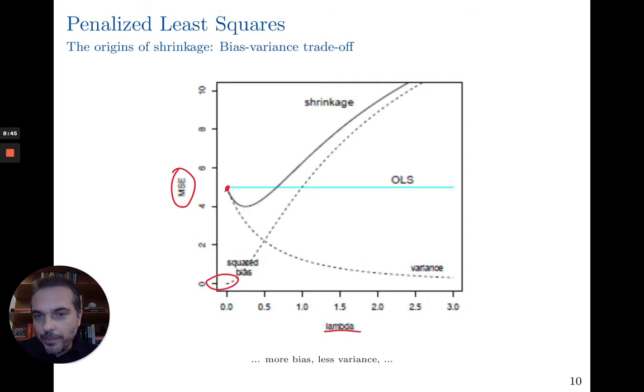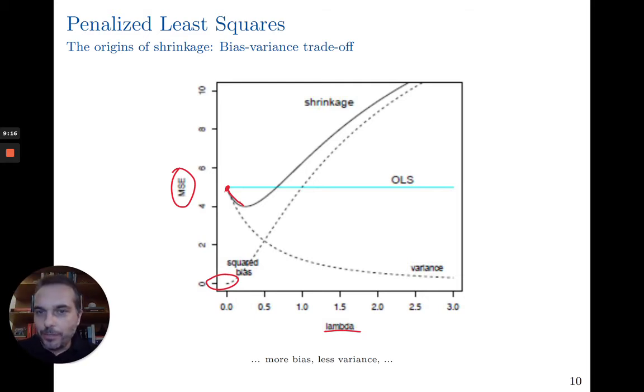Let's start increasing the bias in a way that we decrease the variance. And here we have the MSE. So if we can decrease the MSE because we are increasing the bias, but this increase in the bias is compensated by a decrease in the variance.